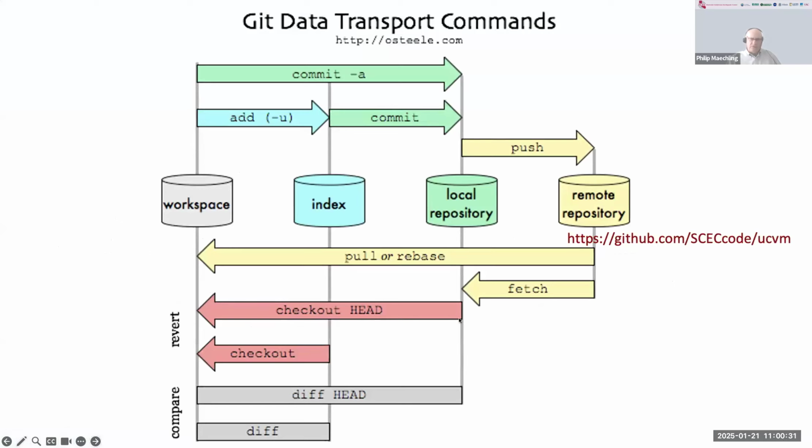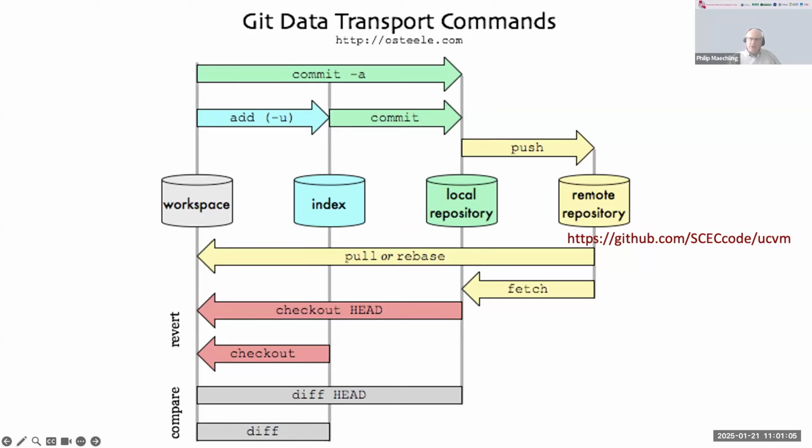I'll just point at this, won't go through the details, but I want to express the idea that when you work with Git, it has files in different locations. As an example in this diagram, there's a yellow repository labeled the remote repository, and this is the repository on GitHub. So that would be SCEC's GitHub UCVM.